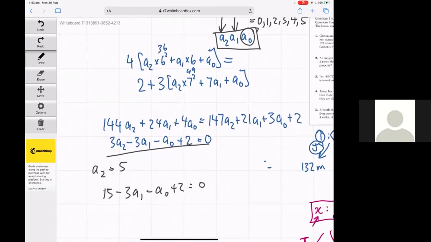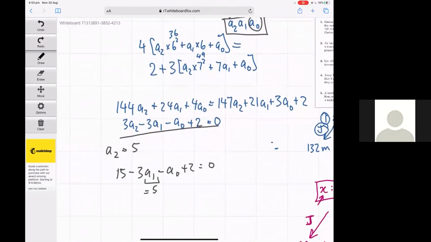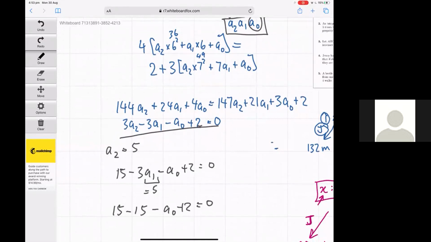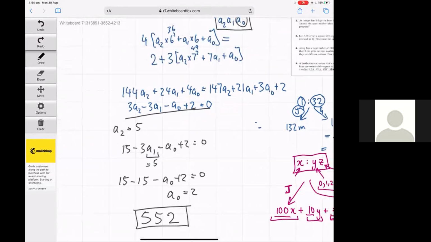Now I still have a bit of freedom, so I can also let A1 equal 5 because I want it to be as big as possible, which gives me 15 minus 15 minus A0 plus 2 equals 0, so that A0 has to be 2. So my number is then 552. And that's the biggest possible.